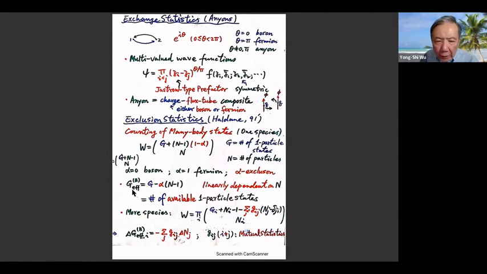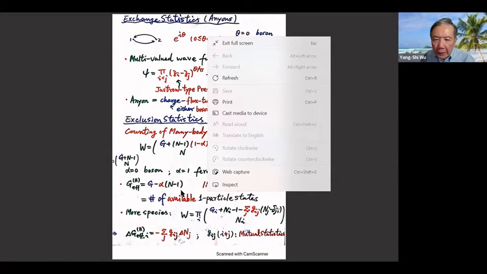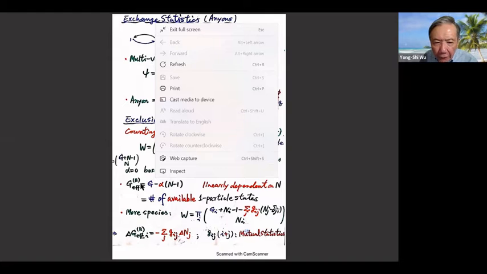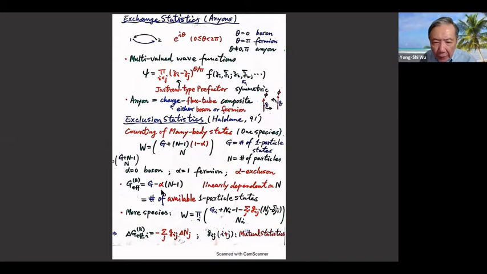Okay, so then this G effective is the available single particle states when we add the nth particle. Okay, so explaining this way, if we change the particle number n, then we can see the change in the so-called G effective for bosons actually changes by the second term, the n in the second term.